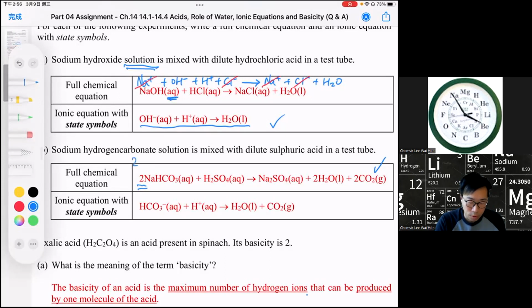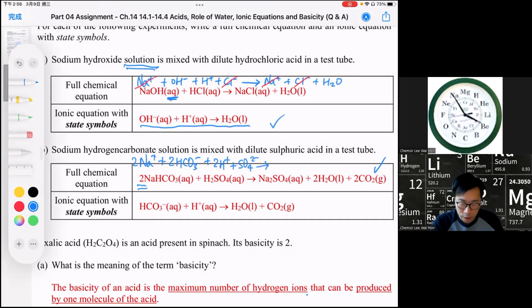So just like before, maybe you break down the sodium hydrogen carbonate formula like this, and then for the sulfuric acid, as it is a strong acid and also a dibasic acid, on the left-hand side maybe you write something like this.